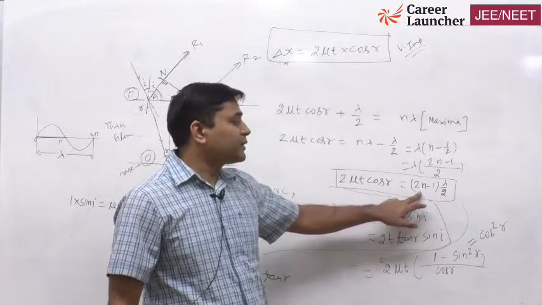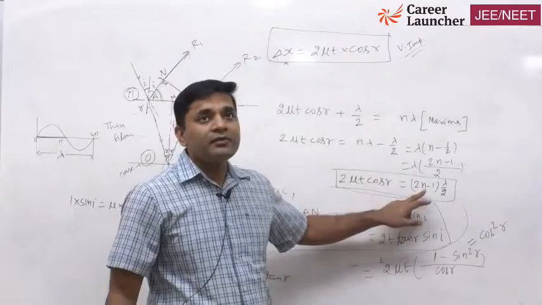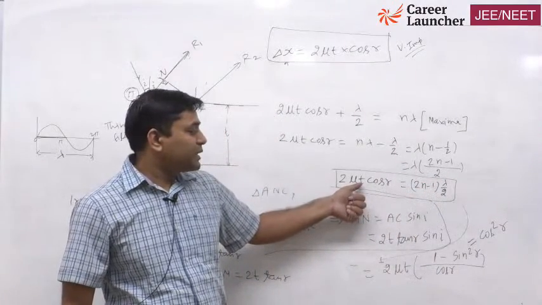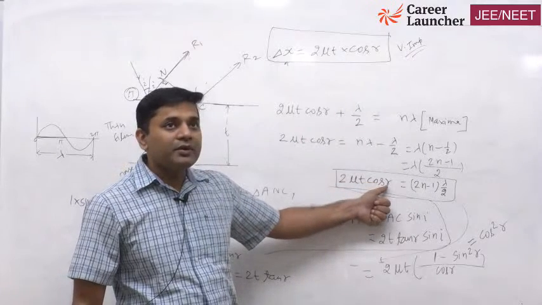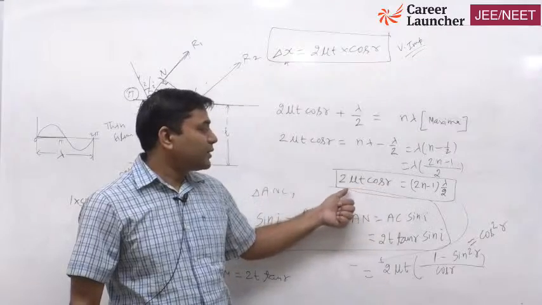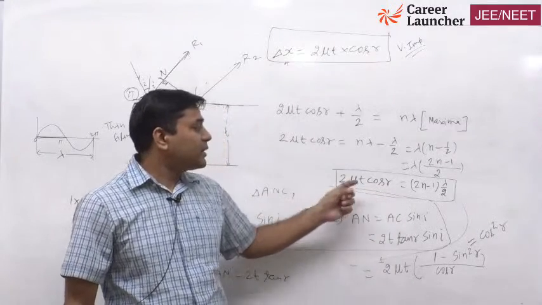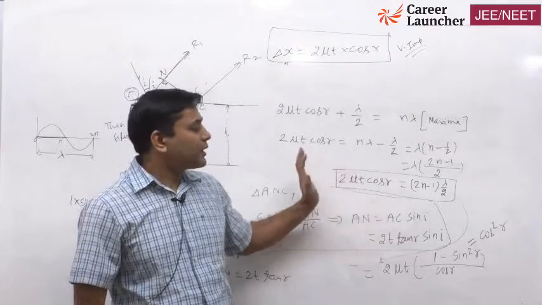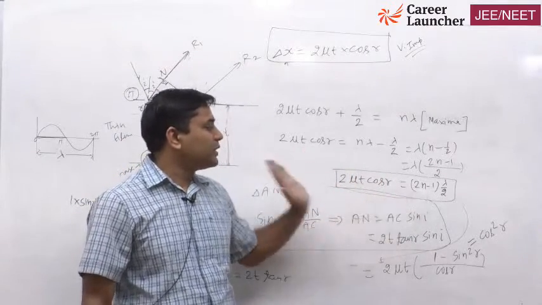Similarly, if you keep 3 here, then 3 lambda by 2, then 5 lambda by 2. Here t, the film thickness, is given, mu is given, and r will be given to you in this case. If it is not given, certainly it will be mentioned to you. By this way you can find out the thickness of the film or the mu value, whatever they want to know, but this is the basic that you should remember.